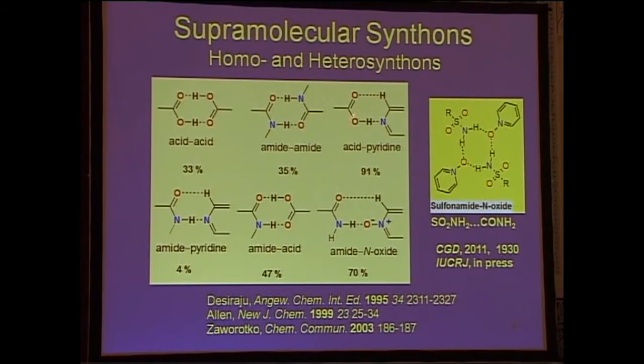This would be a heterosynthon between a carboxylic acid and a pyridine, and that essentially means that you can make partnership between like functional groups as well as between complementary functional groups, such as acid-pyridine or amide-acid and so on. The numbers below derive from the Cambridge Structural Database and essentially give you an idea of the likelihood or probability of occurrence. And so if you have a high success probability, then that is something you should incorporate in your design element.